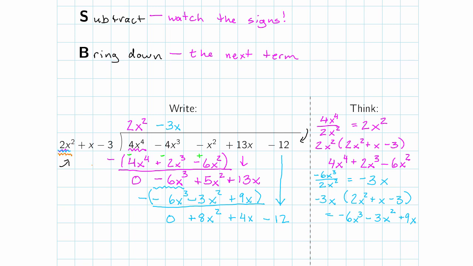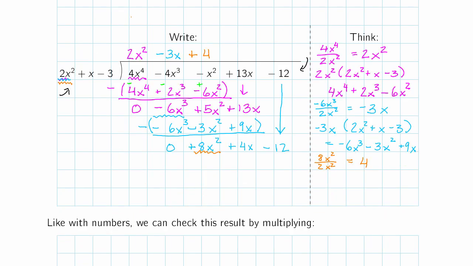Now we continue to look at the first terms for the divide step. We have 8x squared divided by 2x squared is just going to be the number 4. The last term of our quotient is just the number 4. And now we multiply.